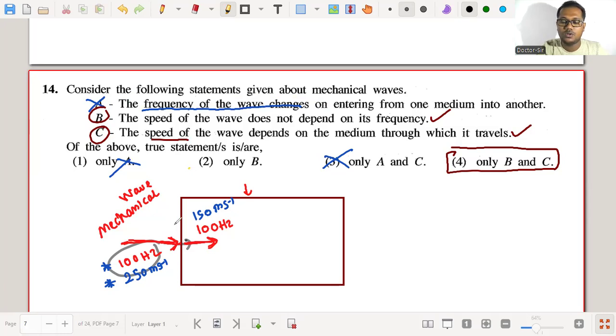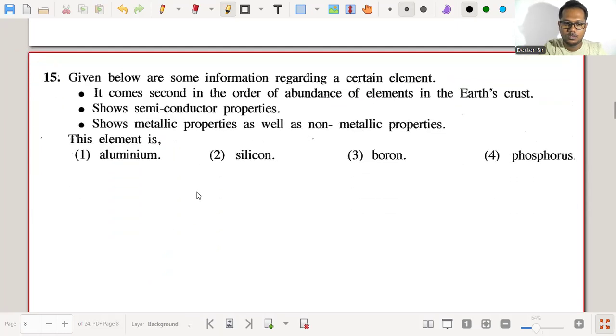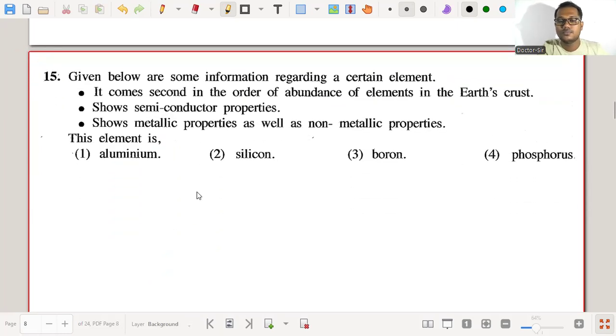Right. So now I will move on to the next part. This is the next question. So try to find out the correct answers.